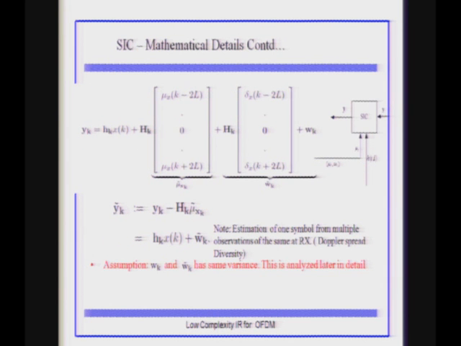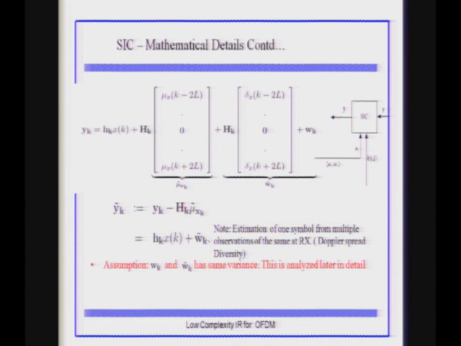So this is how it will look. yk is xk times a column vector plus this term, hk times this, which is the ICI term, and this is the residual, the new noise: hk times the residual value, the difference, plus the noise. So this is the ICI that we are removing, and you have a new noise.